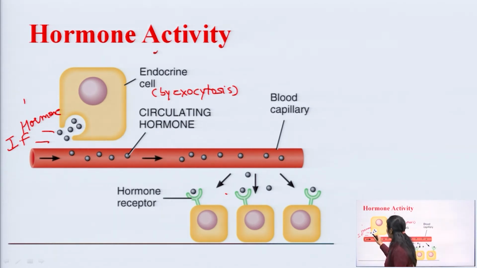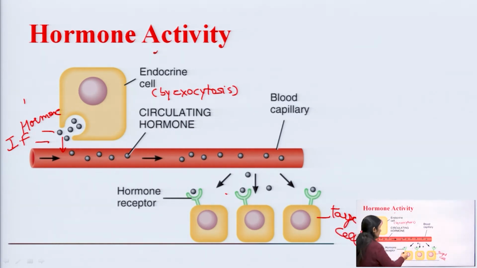The hormone is secreted into the interstitial fluid, and from the interstitial fluid it goes into the blood capillaries, and through the blood it goes to the target site. This is the target cell or target tissue, and on the target cell there are receptors.